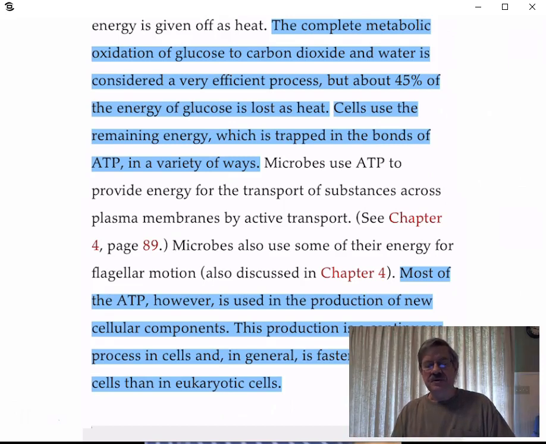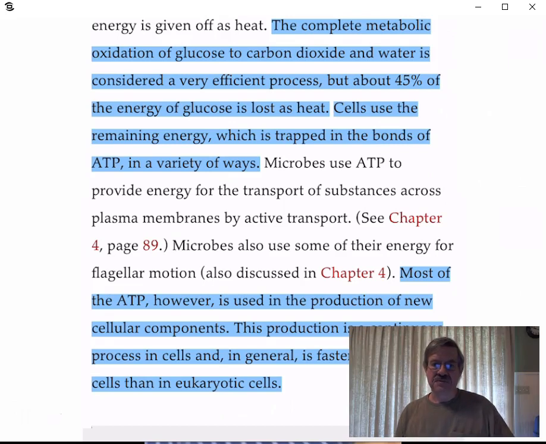And so that, as energy transfers go, is a very efficient form of energy transfer. Now, there is still a loss of some of that energy in the form of heat, but in general, biological energy transfers are more efficient than mechanical energy transfers.